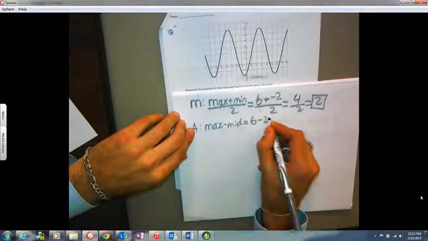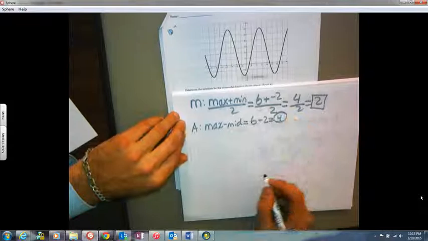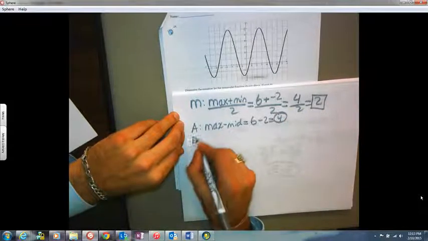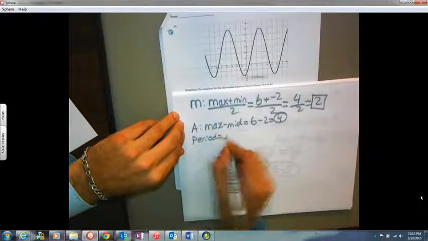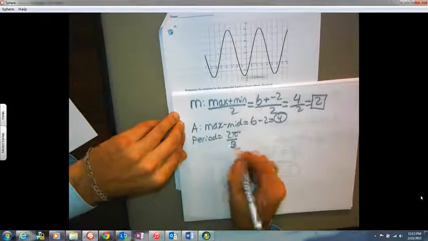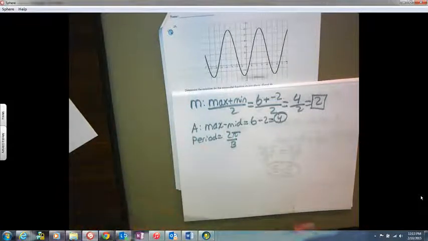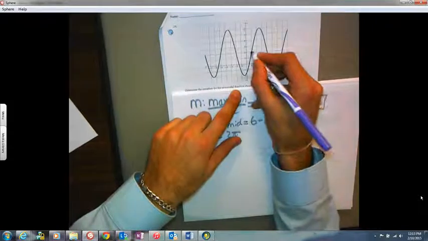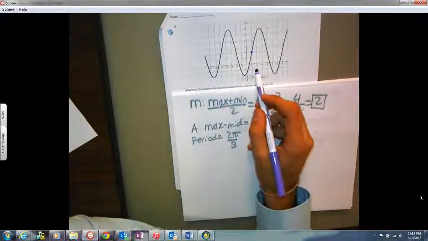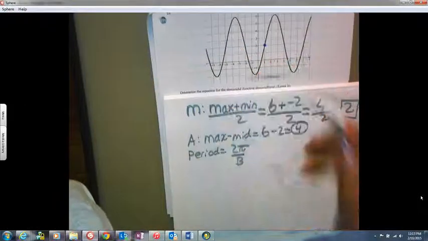The period equals 2 pi over b. So what is the period? The period is pick a point that is obvious. Here's an obvious point. We know the coordinate is 1. So we go up to the max, down to the min, back to where we started.